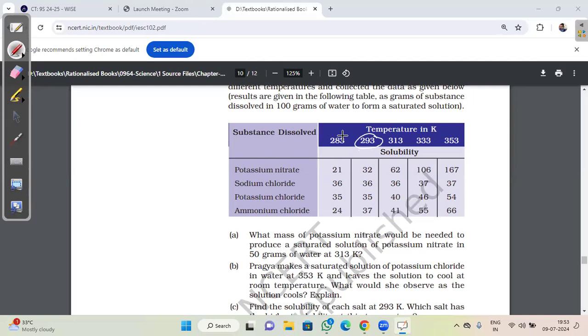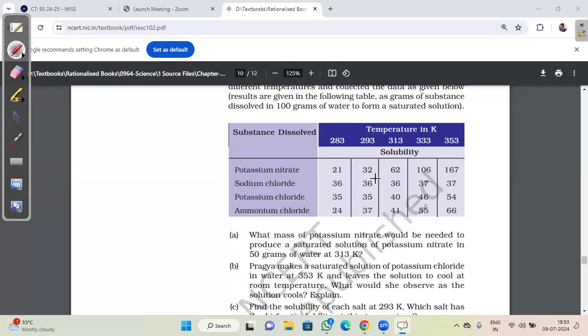Even if you don't use percentage, you will get your answer. If you don't need the percentage solubility, you can just write 32 by 100. For the next ones, it will be 36 by 100, 35 by 100, and 37 by 100.